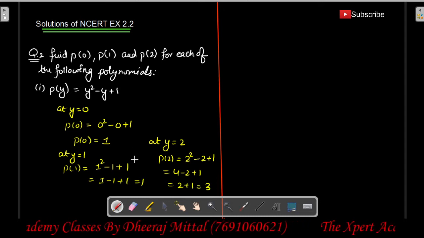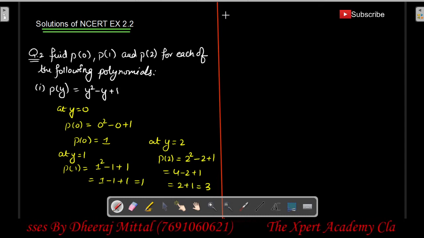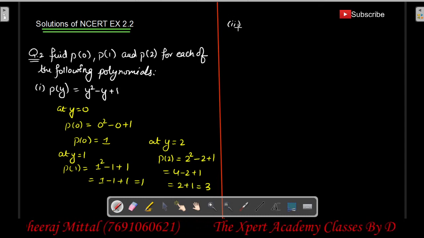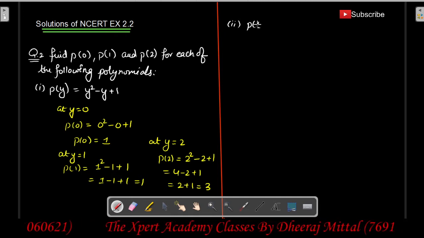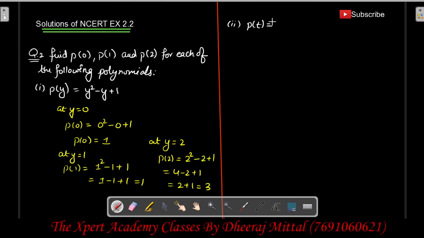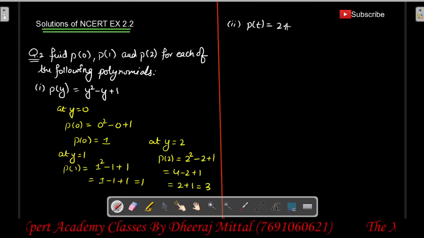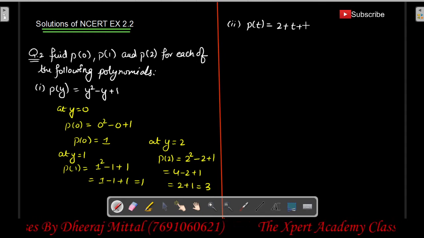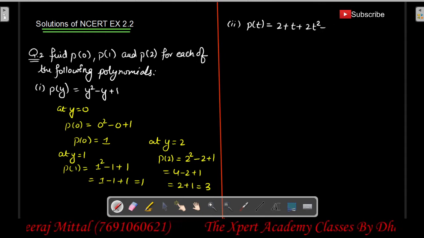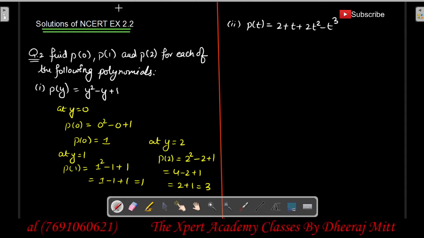Likewise, the second part, that is P(t) is equal to 2 plus t plus 2t square minus t cube.